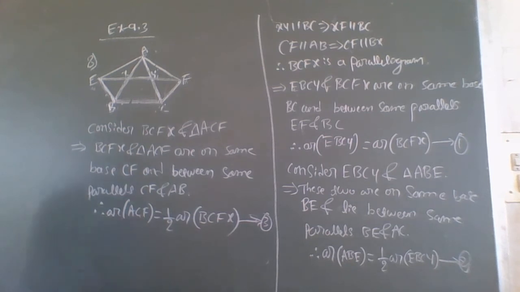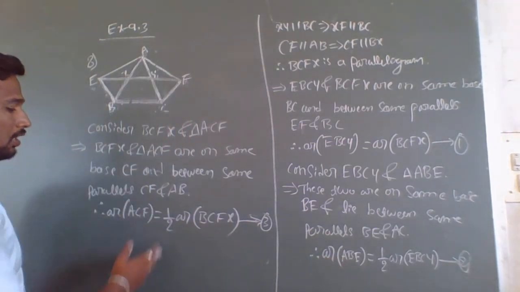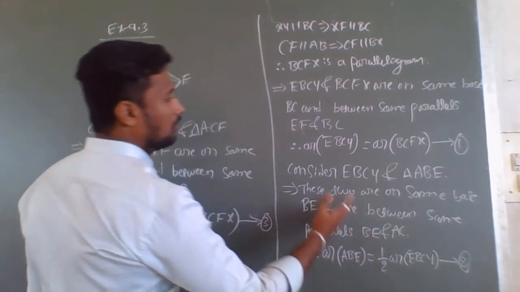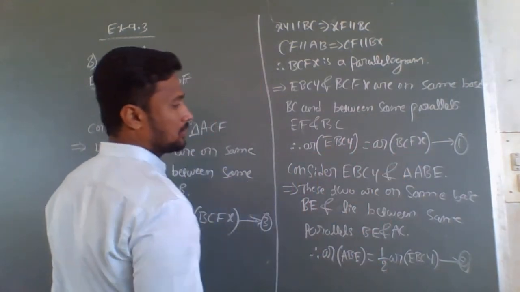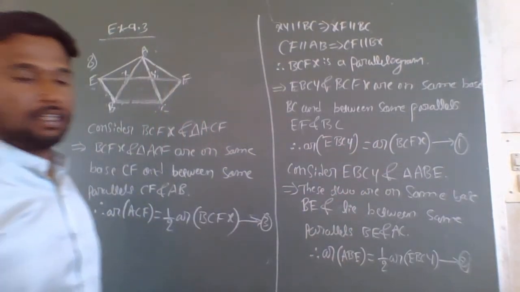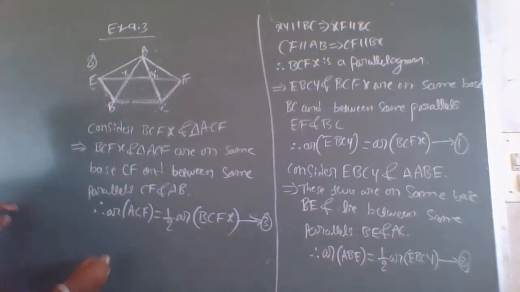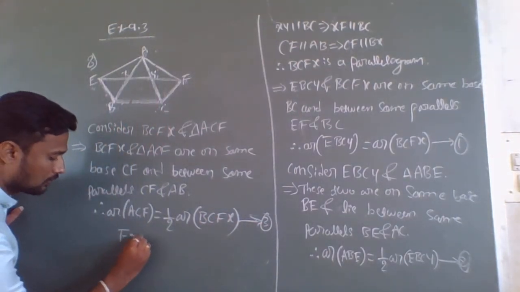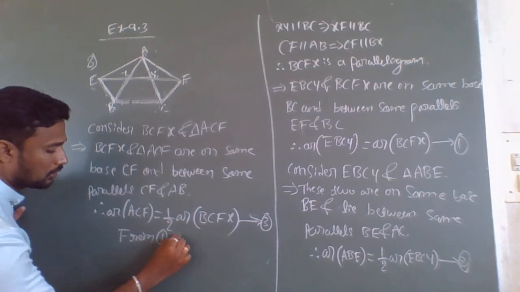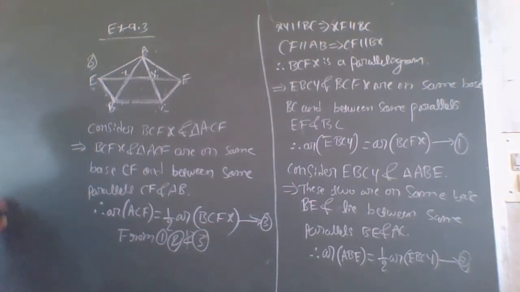So now what we got to know here, these two triangles are equal to half of the area of one of these two parallelograms, and these two parallelograms are equal to each other in area. Therefore, from equations 1, 2 and 3, what we can write here?